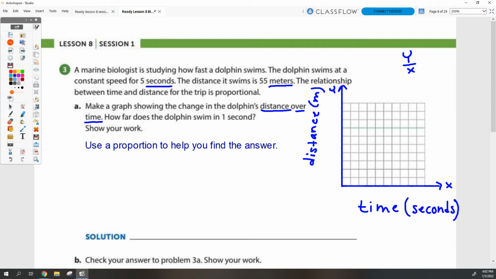So we'll put seconds. Now our distance, we have to go to 55, so I'm going to have to count by something other than 1. So I'm going to count by tens. So we'd have 10, 20, 30, so on. And then our seconds, we can count by ones.